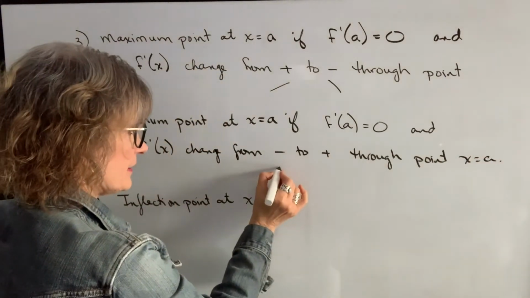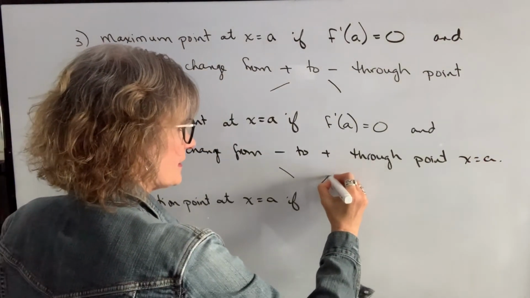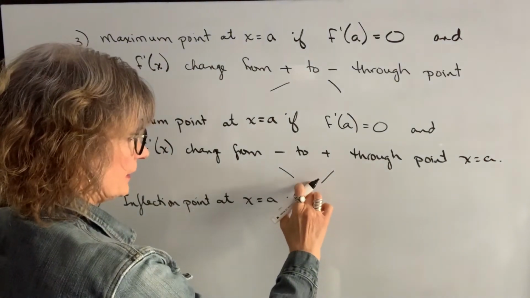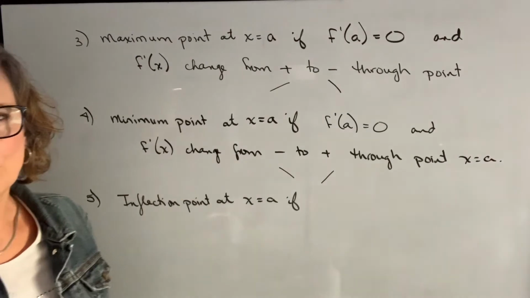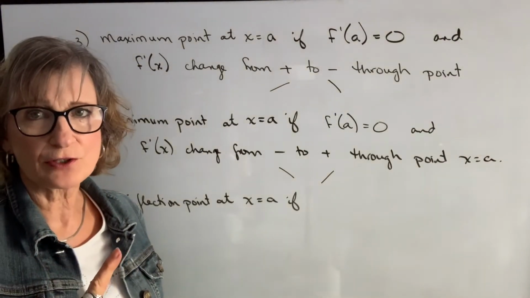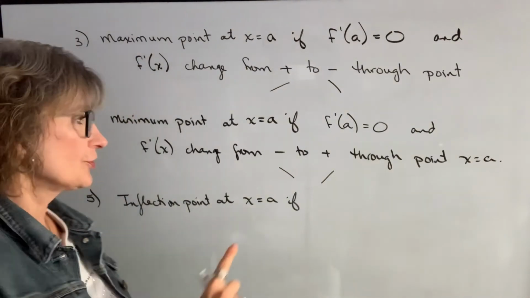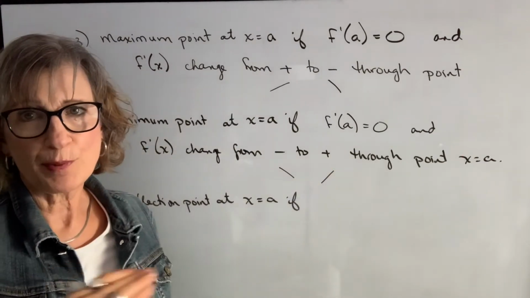So negative means it's decreasing, positive means it's increasing, and if it's 0 at that x equals a, then you know that you have a minimum point. So two conditions: the derivative has to be 0 and the derivative has to change from negative to positive as you pass through the point.